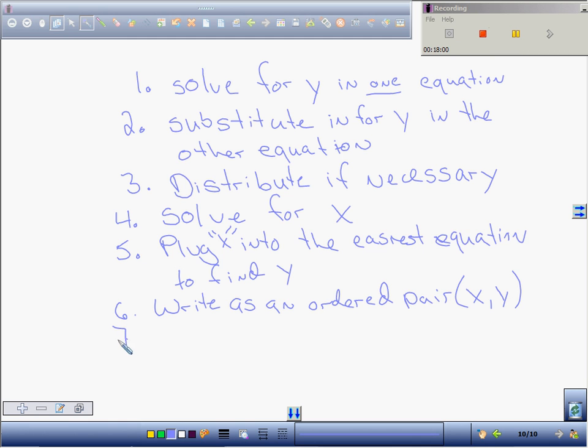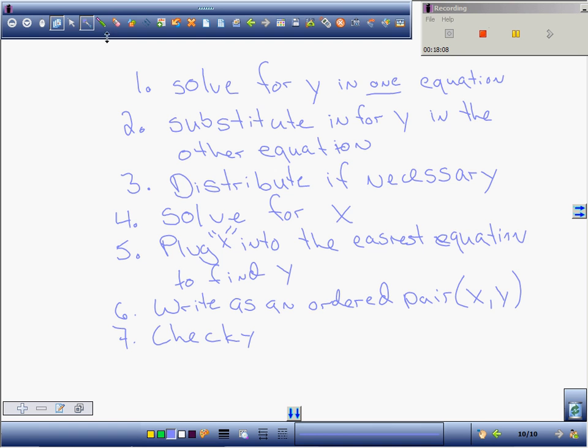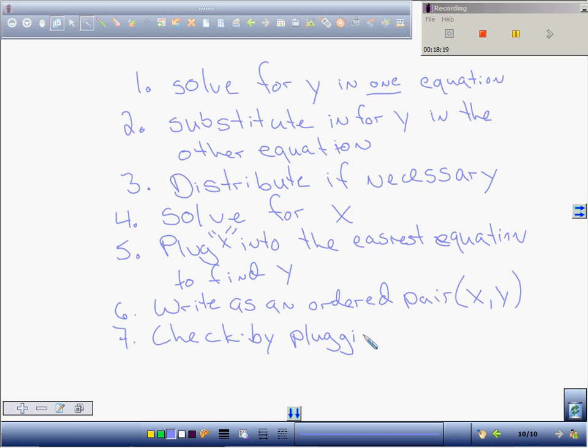And lastly, check your solution. Check. I just want to check, by plugging in x and y into at least one of your original equations.